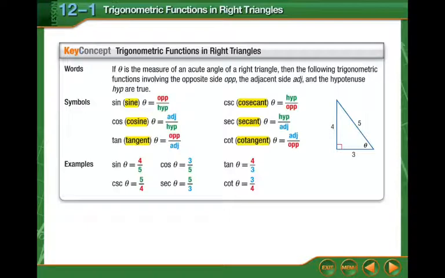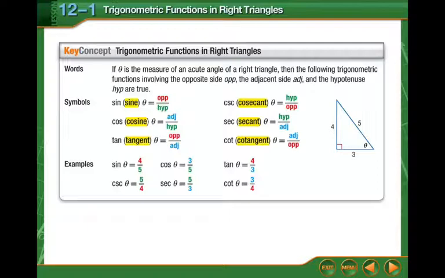So one easy thing to remember, to help you remember sine, cosine, and tangent at least, is called SOHCAHTOA. It just helps you to remember the fractions that go along with sine. So sine is opposite over hypotenuse, so it's SOH. Cosine is adjacent over hypotenuse, so it's CAH.